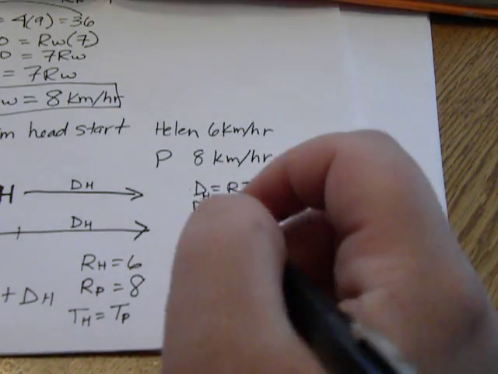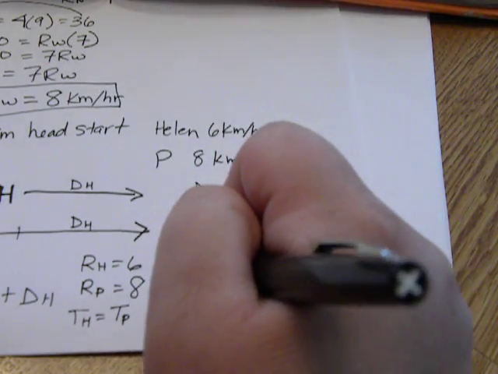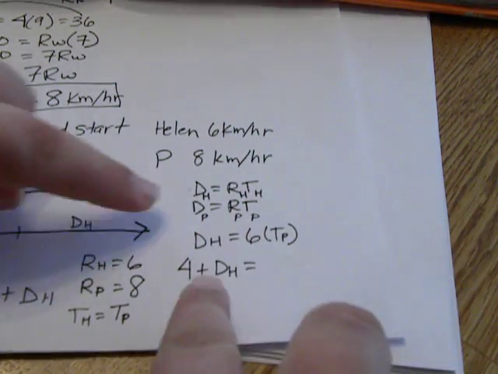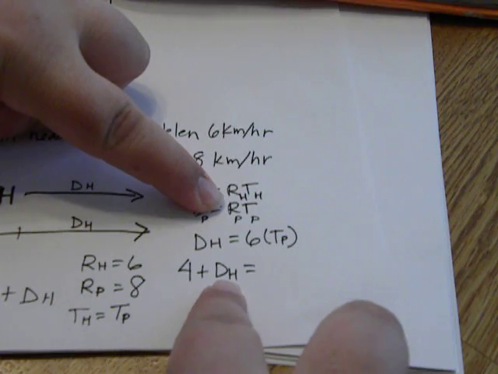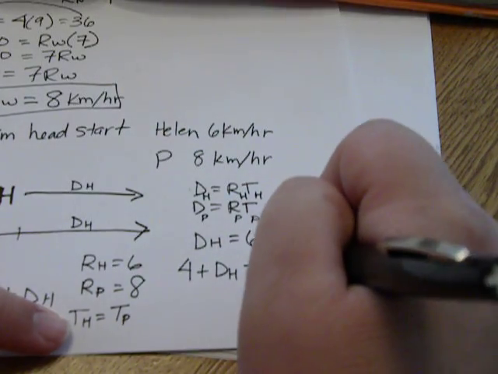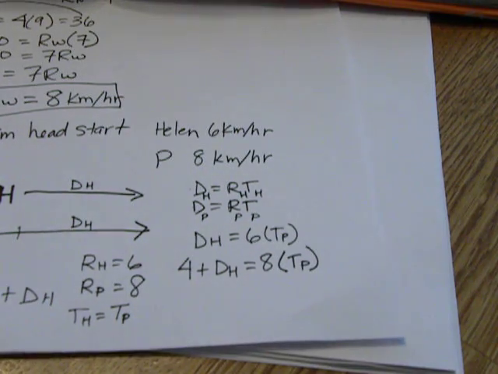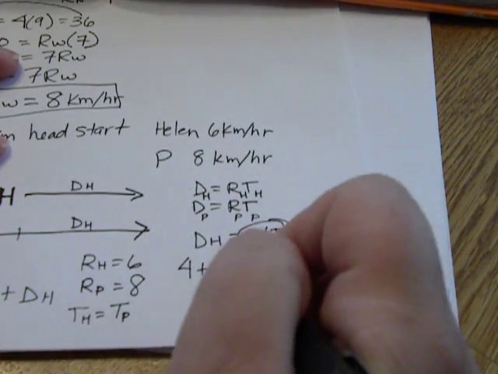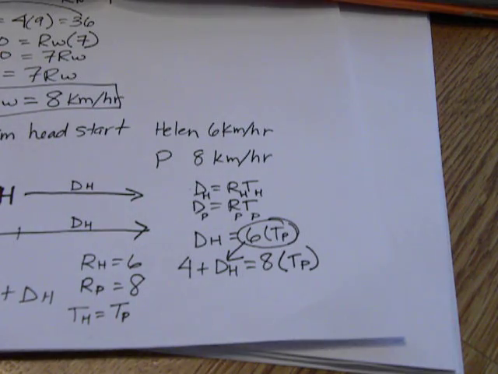Distance of Paris is 4 plus the distance of Helen. Rate of Paris is 8, and time of Paris we'll leave in terms of TP. We know that D sub H is 6 times T sub P, so we'll plug that in there.